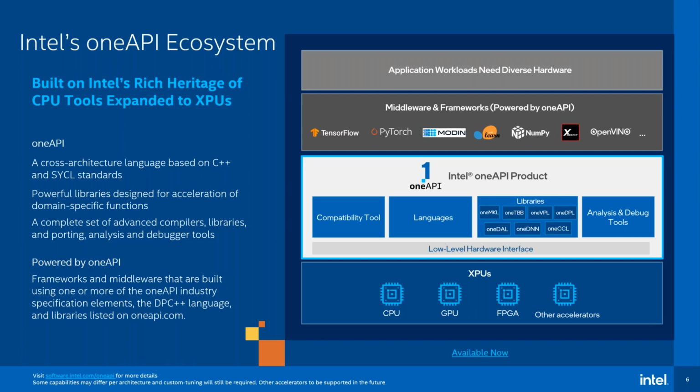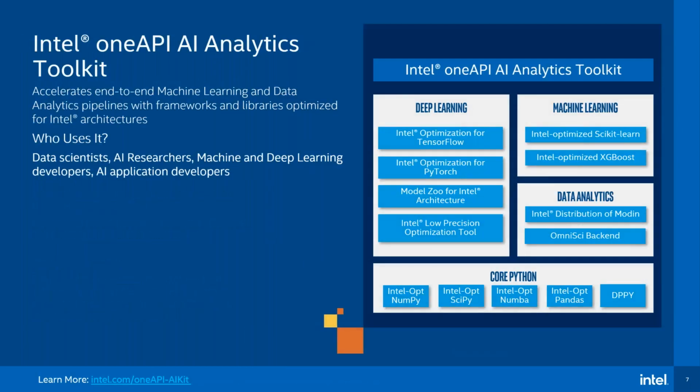If you go to the next foil, we will see that this is the architecture of the oneAPI AI Analytics Toolkit. Like I mentioned, we have the deep learning components, the machine learning components, and the data analytics components built on top of the core Python packages, as well as NumPy, SciPy, Pandas, DPPY.